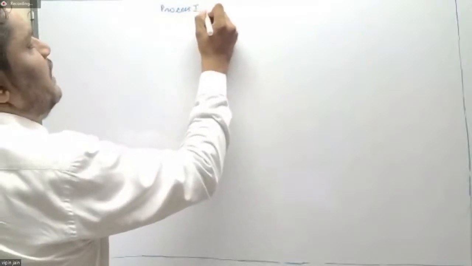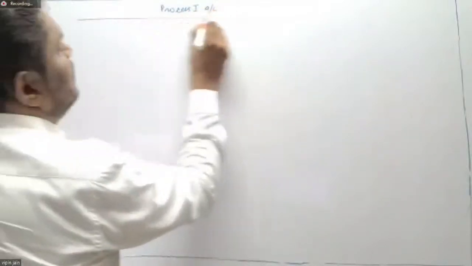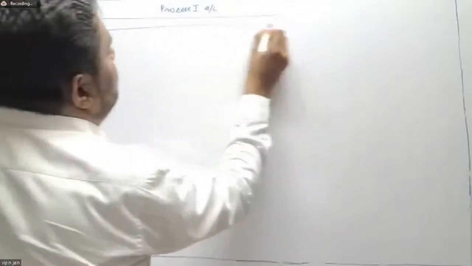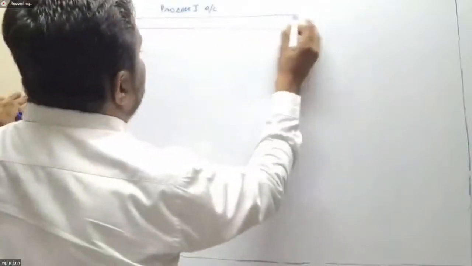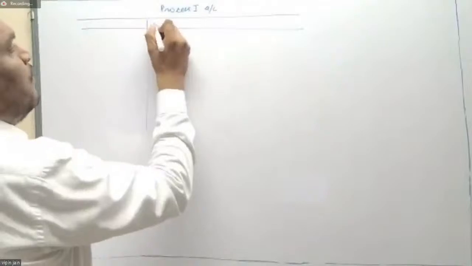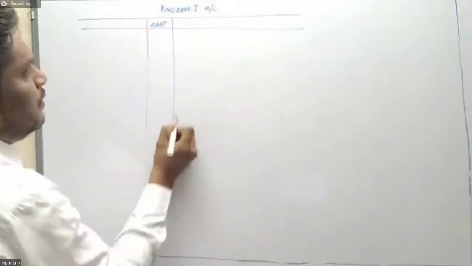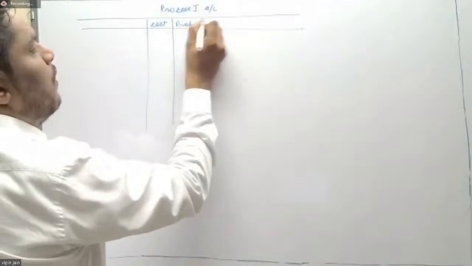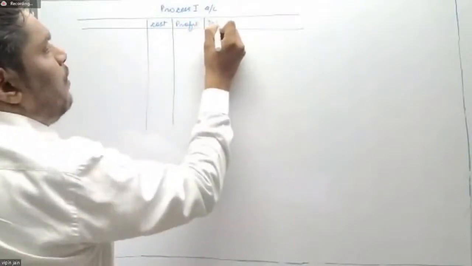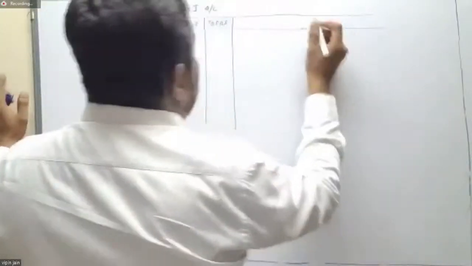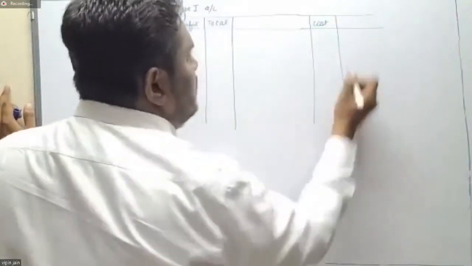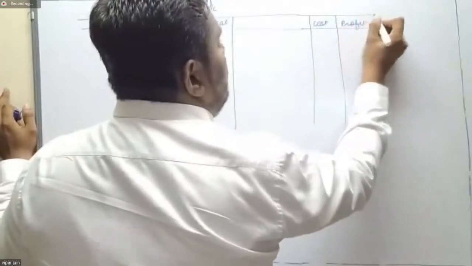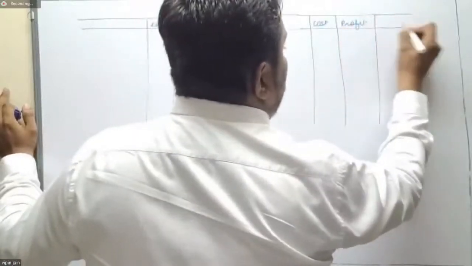That is the first process account. So 3 columns will be prepared on both sides. That is cost, the profit amount, and last but not least the total.